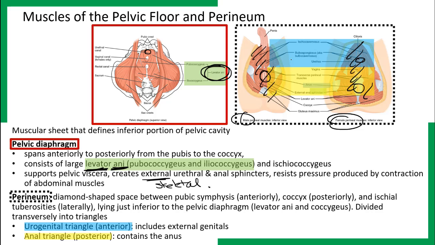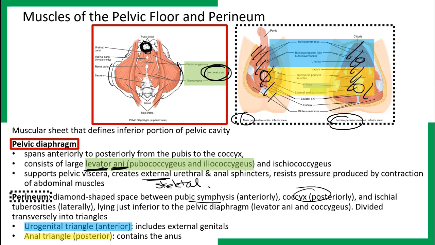And then when the abdominal muscles contract, it helps to resist pressure. And so the pelvic diaphragm actually keeps everything intact, stops the organs that are in the pelvic area from actually dropping out.